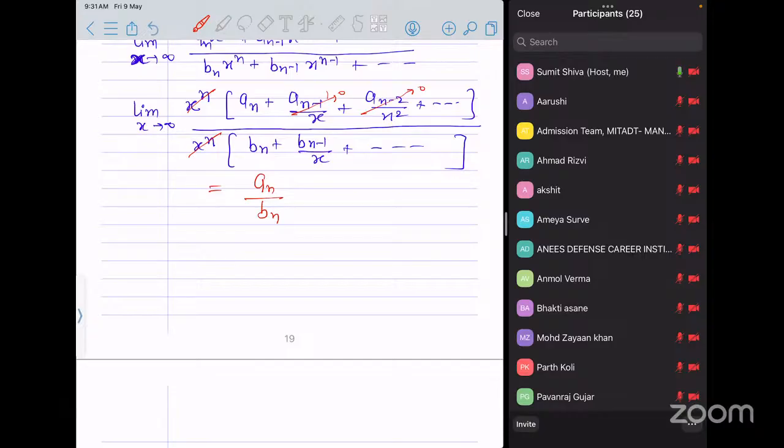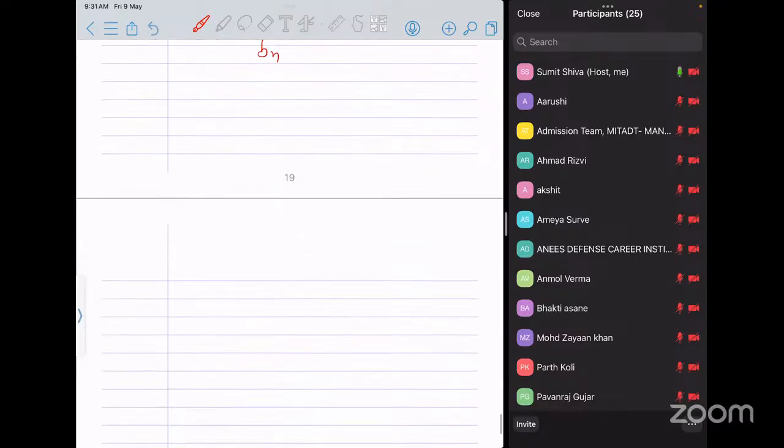So the trick goes like this: if we have a polynomial function in the limit and the form is infinity by infinity, the answer will be the ratio of the coefficients of the maximum power. Which means if I write here limit x extending to infinity (2x cube plus 4x square minus 3x plus 5) divided by (5x cube minus 2x square plus 6x plus 6).